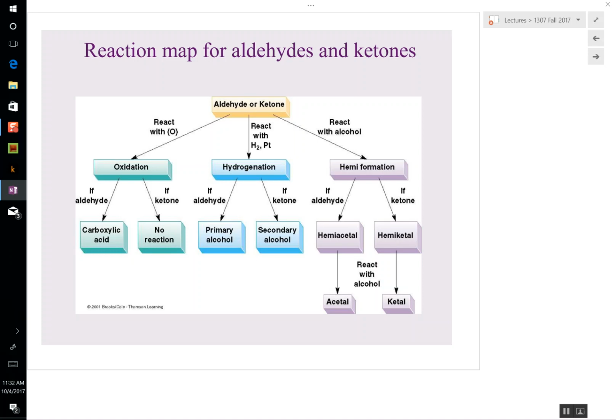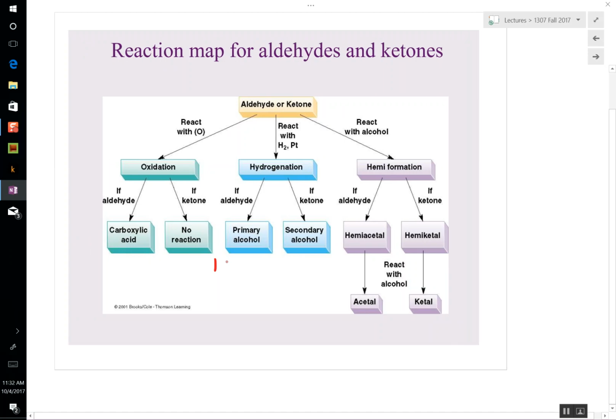Hydrogenation of an aldehyde gives you a primary alcohol. Hydrogenation of a ketone gives you a secondary alcohol. You react an aldehyde with an alcohol, you get a hemiacetal. Ketone with an alcohol, you get a hemiketal.